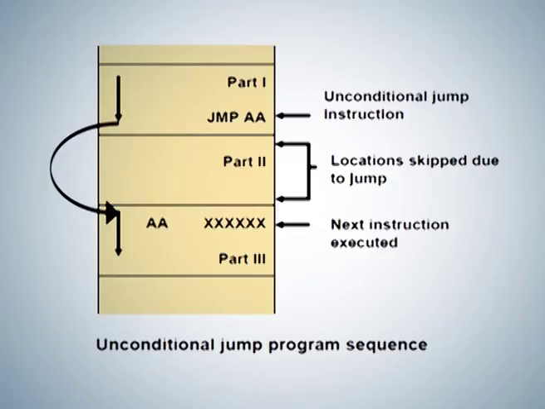As explained earlier, the microprocessor 8086 has two different types of jump instructions. These jump instructions are conditional and unconditional jump instructions. In unconditional jump, the jump to the specified location takes place without any specified condition.